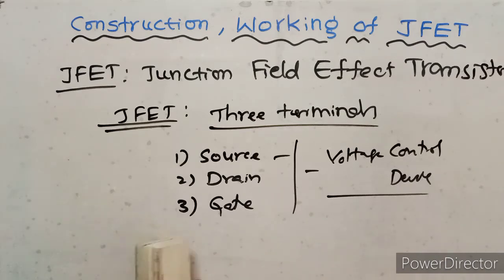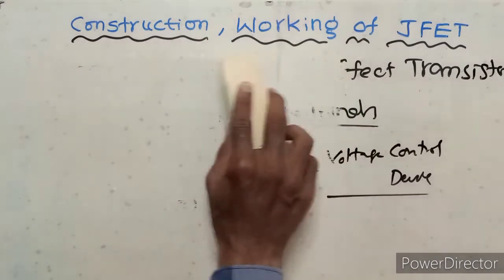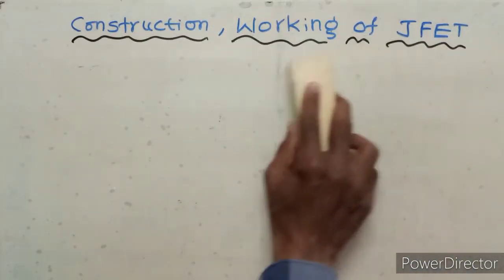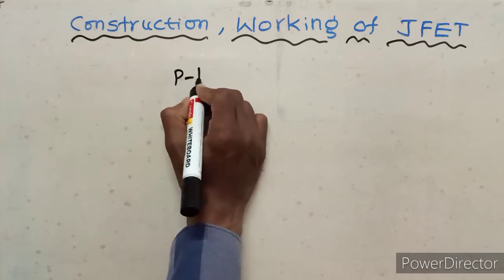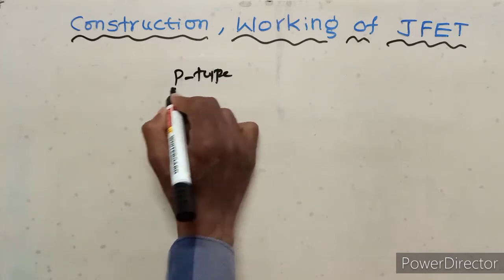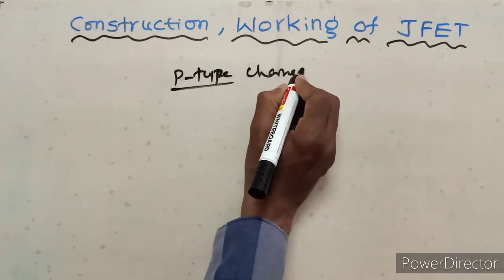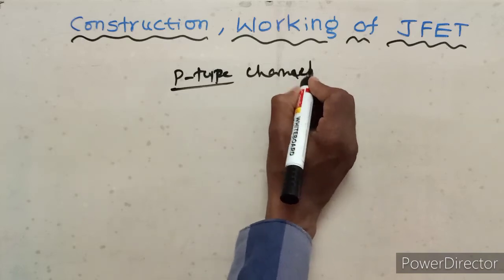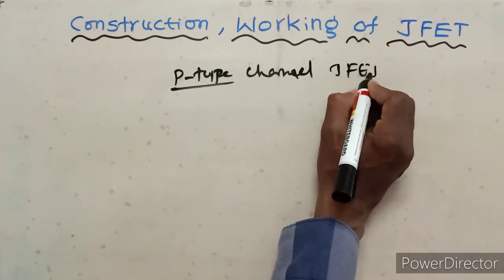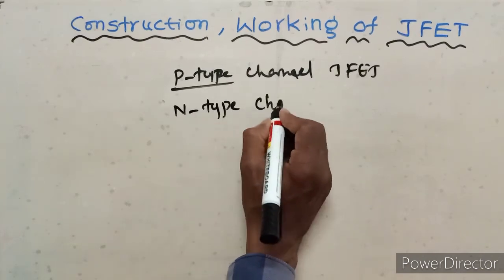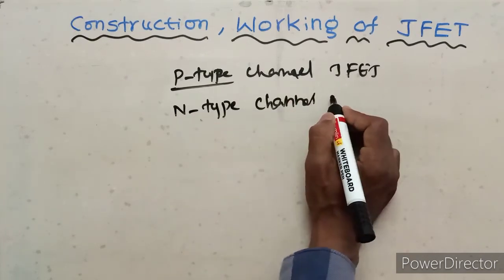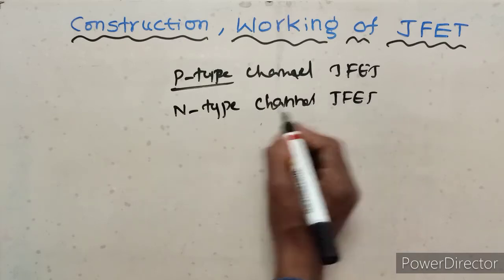Mainly, JFET is of two types: N channel JFET and P channel JFET, that is, P type channel JFET and N type channel JFET.